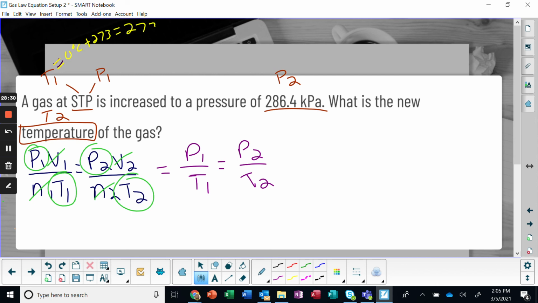So 273. Pressure is equal to 1 ATM. Alright? Now, something you should notice. My pressure here is in kPa. Here it was ATM. They're not the same, so you must convert them.